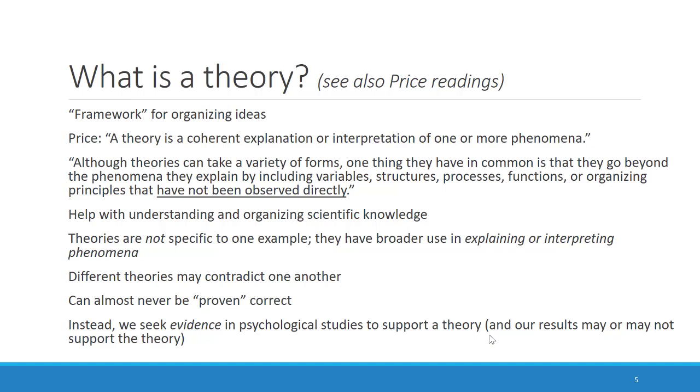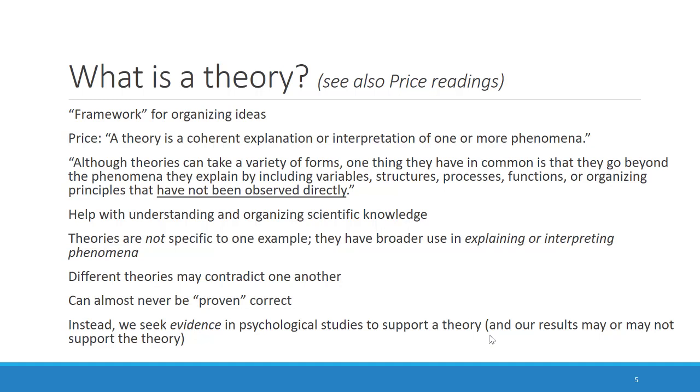So Price goes on to say that although theories can take a variety of forms, one thing that they have in common is that they go beyond the phenomena they explain by including variables, structures, processes, functions, or organizing principles that have not been observed directly. What Price is saying there is that it's not just explaining one particular thing at hand.